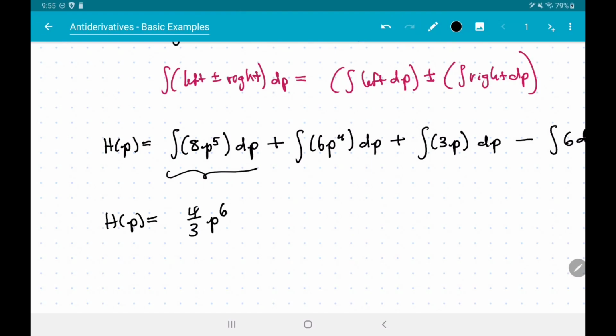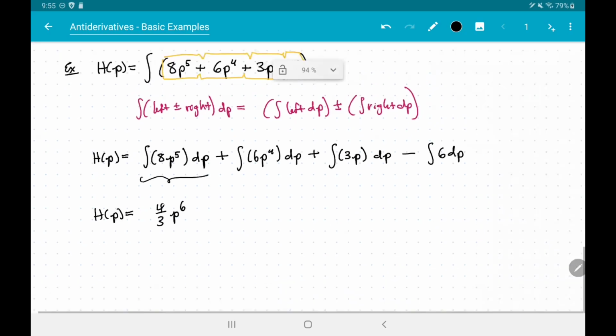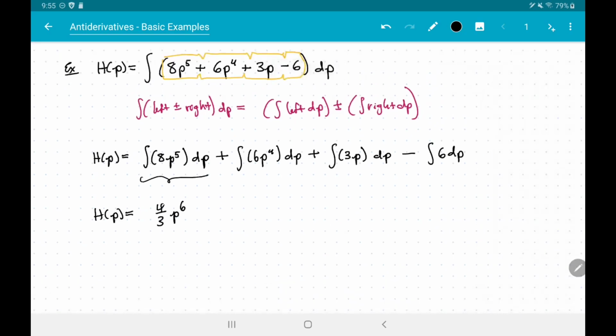Now, you may be wondering, what about the plus c? Well, like I said, there's this convention that when you're doing antiderivatives, you can wait and just add one unspecified constant at the very end. If you put in a plus c for each one of these terms, then at the end you'll have c1 plus c2 plus c3 plus c4.